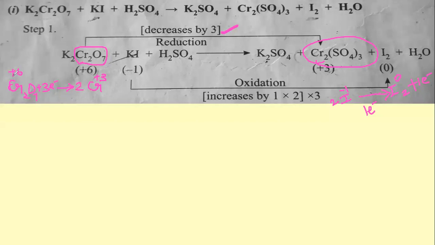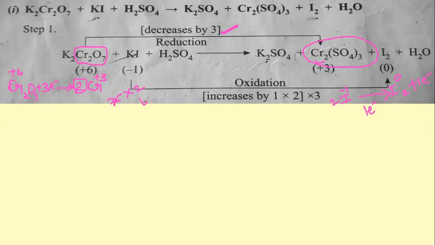So here there will be a gain of 3 electrons. So 3 electrons get gained, right? That only I am writing here. So 3 electron gain, along with that we have multiplied in the product side by this 2. So now I am going to multiply the same with 2, which means totally I will get 6 electrons.